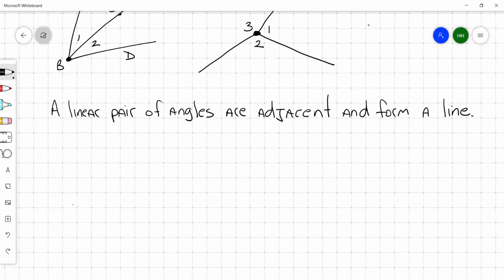So anytime you draw a straight line, if you put a point on that line and then draw another line out of it, you just created a linear pair of angles. Angle 1 and angle 2 are a linear pair. All right, they share a vertex and they share a side, but their non-common sides also form a line.